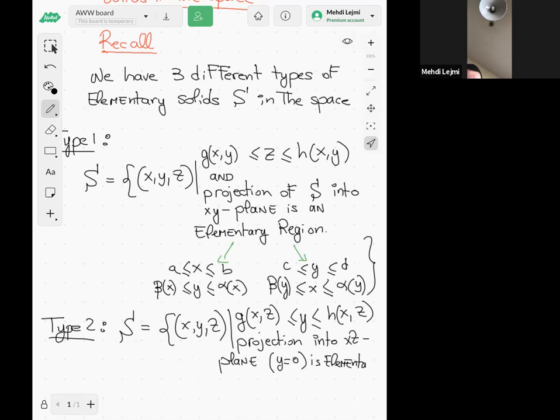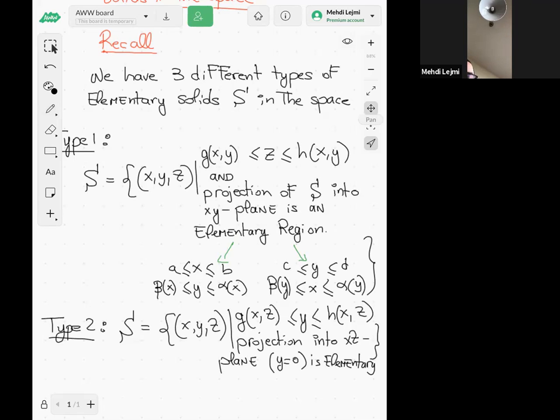As in type 1, here we also have two different cases: z between two constants and x between two functions of z, or x between two constants and z between two functions of x.